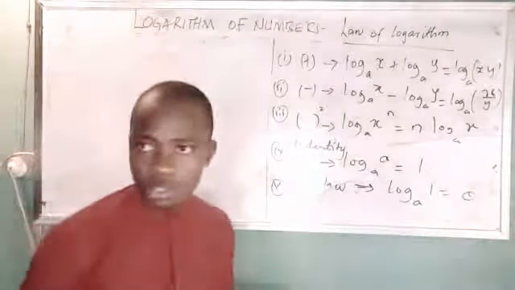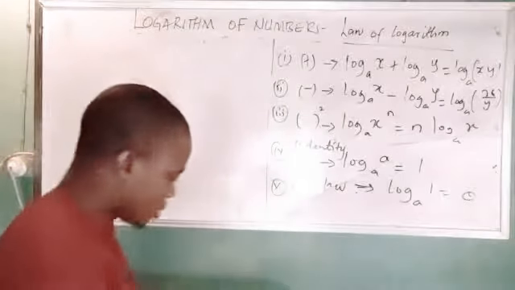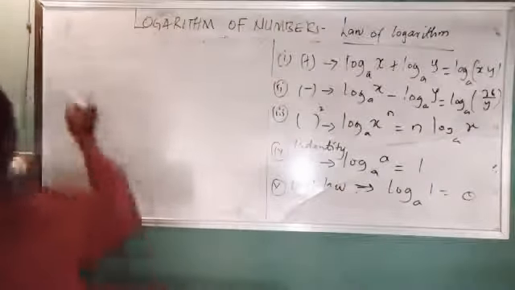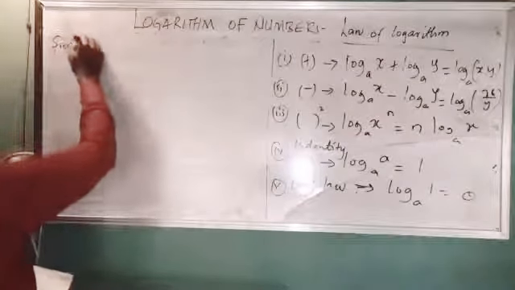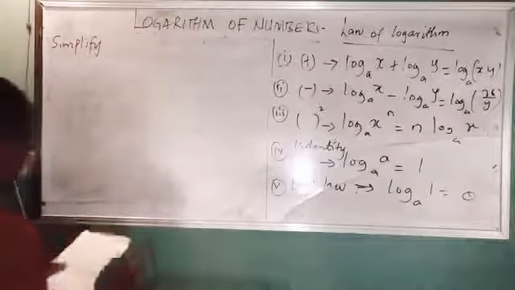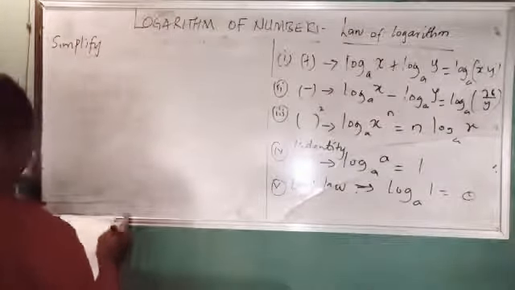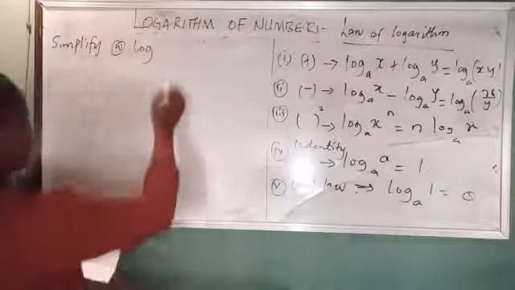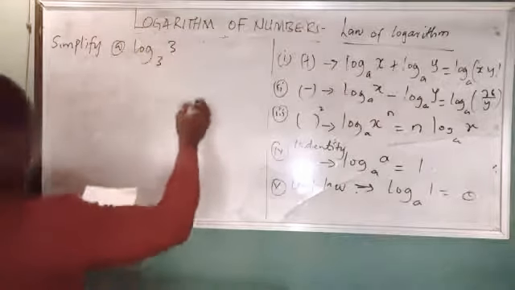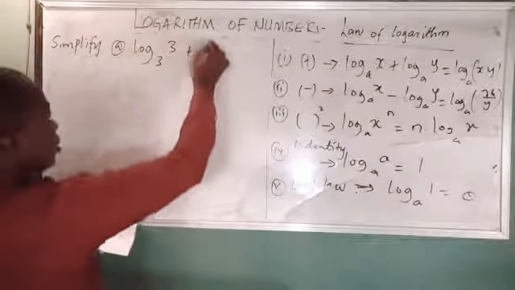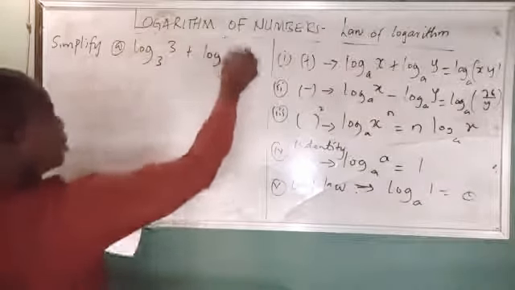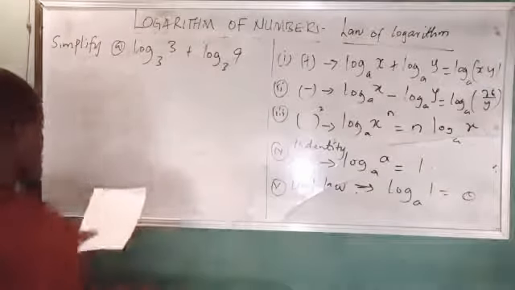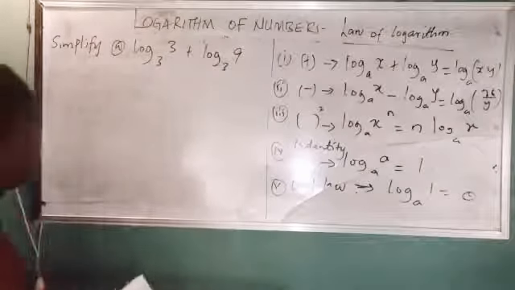The question says we should simplify log 3 base 3 plus log 9 base 3. So that's the first question here.